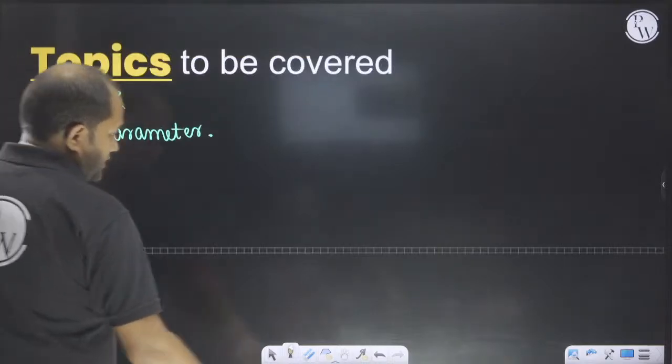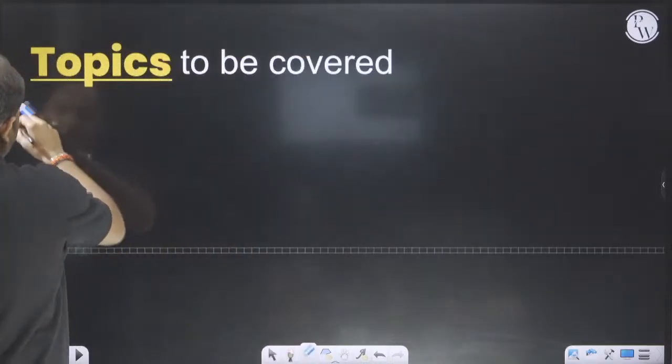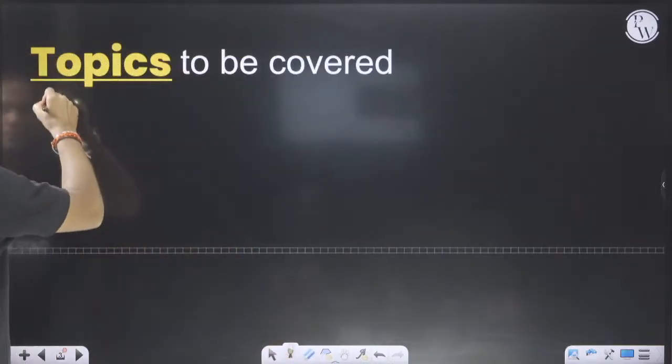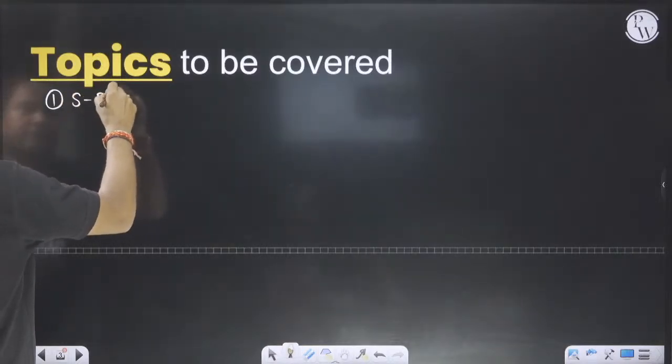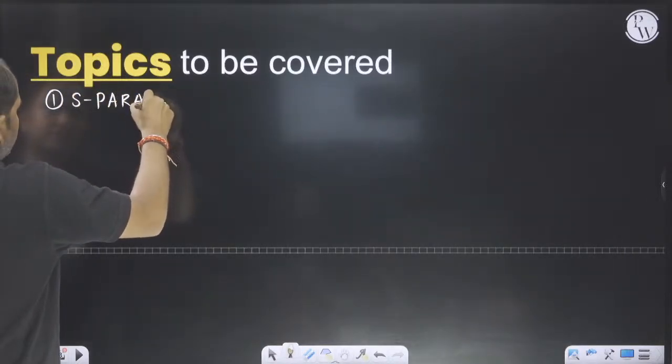Today we are going to discuss the scattering parameter, and tomorrow we will discuss some questions on scattering parameters.